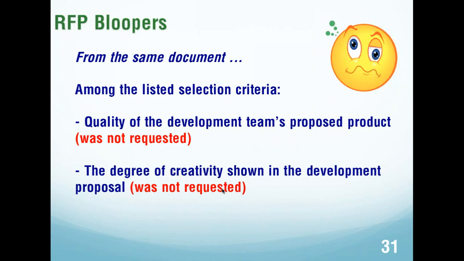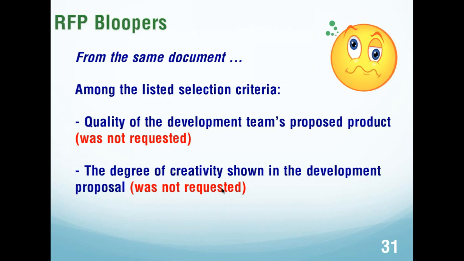Here's another blooper from the same document. Among the listed selection criteria: quality of the development team's proposal, product not requested, but the degree of creativity shown in the development proposal was not requested. So again, make sure your criteria match. We have seen this many times where they say, your response is going to be judged on these 5 things.